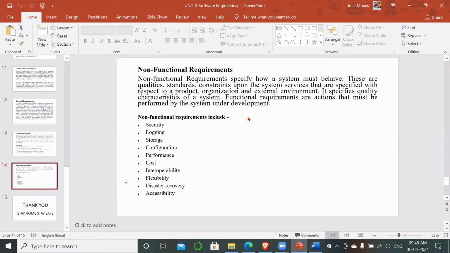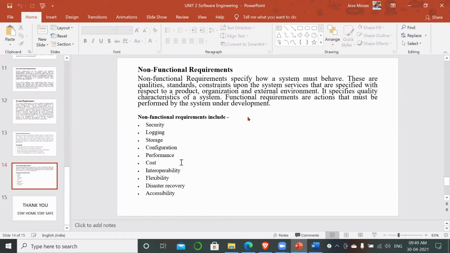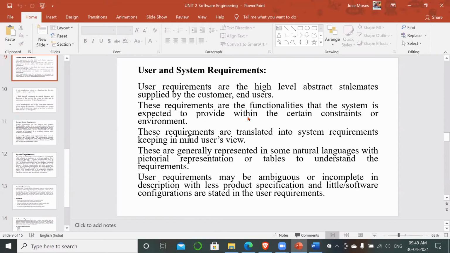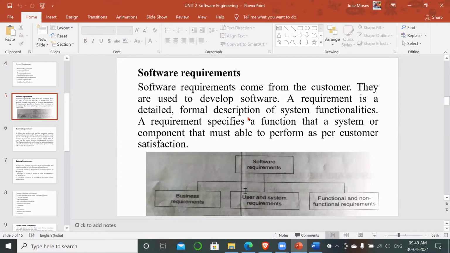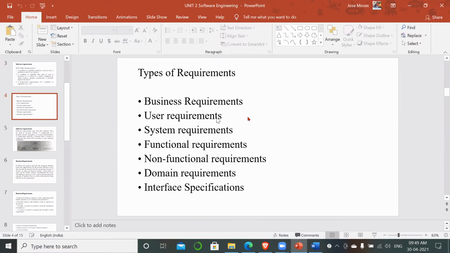I thought of doing that yesterday, but as time was not sufficient, I have given a brief description of these functional requirements. I hope everybody can now write what the different types of requirements are, with reference to part A in unit 2. Draw a diagram, write the definition of requirement, write all these requirements and explain them.